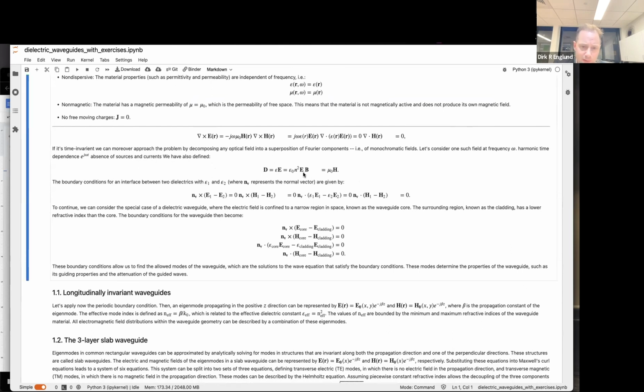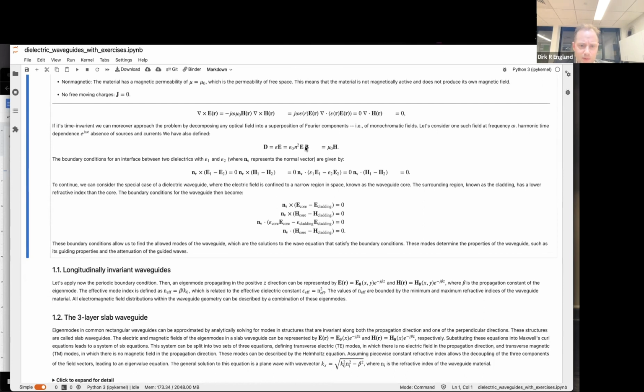Sorry, I fixed this before the Jupyter notebook is released or updated to everybody. There should obviously be a space in between. So this here is D equals epsilon E, which is equal to epsilon naught n squared times E, where n squared is the relative permittivity, and B is equal to mu naught H, because we're dealing with the permeability of free space for the magnetic component.